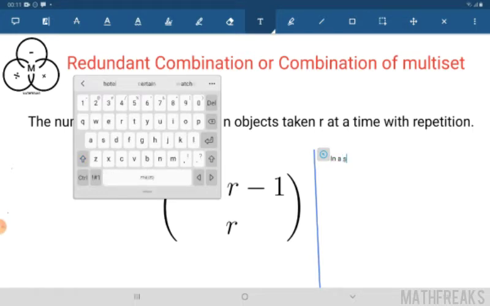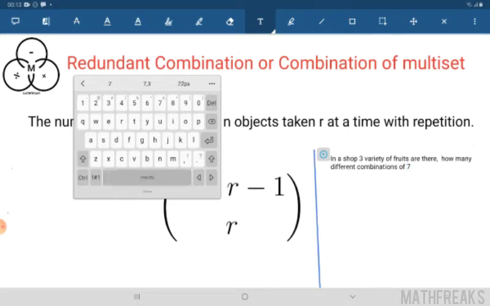In a shop, 3 varieties of fruits are there. How many different combinations of seven fruits can I buy?